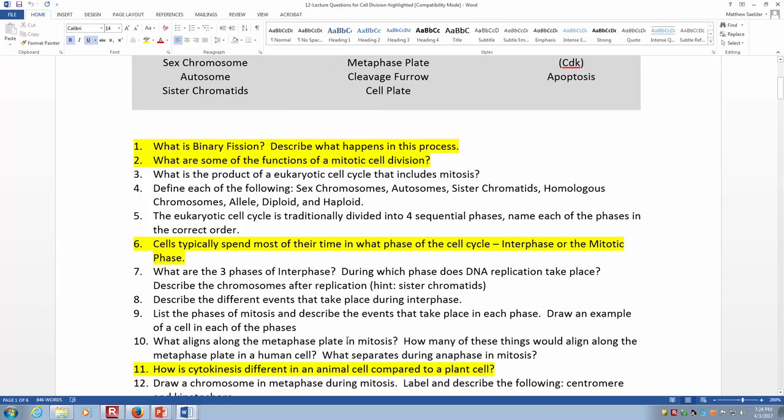Okay, the first thing I went through in this topic was binary fission. Can someone tell me what binary fission is? Specifically, what happens in it, and what type of organisms undergo binary fission?